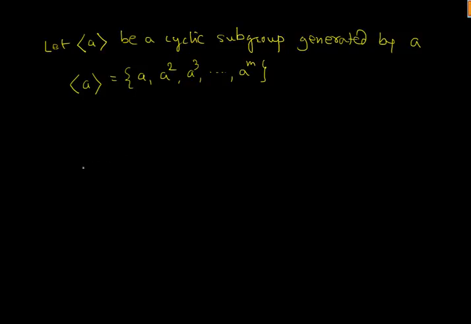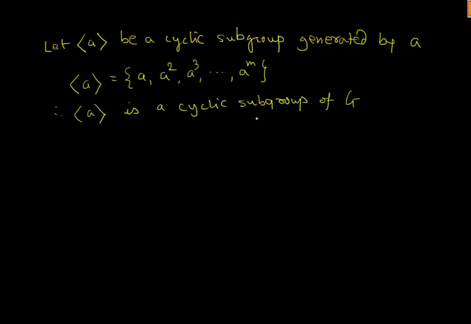Now, we know that A is a member of G, A square is a member of G, that means all are members of G. Therefore this is a subset of G and it is a cyclic group, so I am calling this a cyclic subgroup of G.